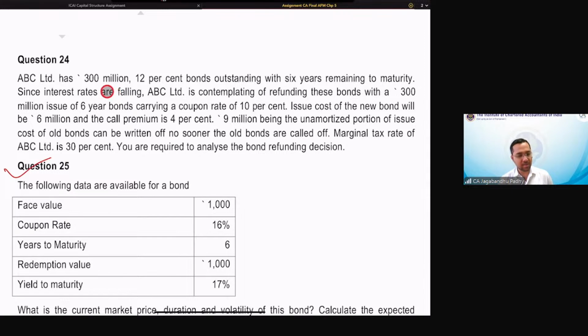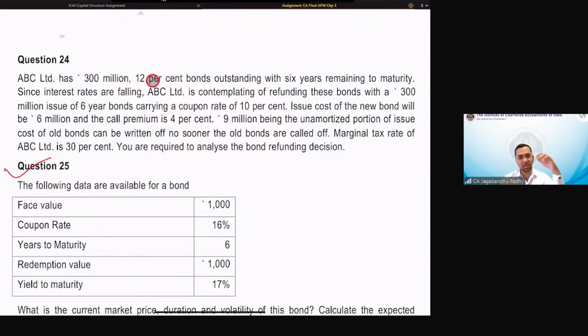So ABC Limited has 300 million, 12% bond. Existing bonds are 300 million, and we are paying a coupon of 12% with 6 years remaining to maturity.